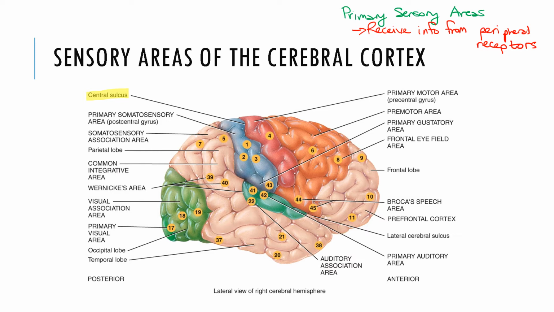The sensory association areas are often just adjacent to the primary areas, and they receive input from the primary and other brain regions. Sensory association areas are going to integrate sensory experiences to generate meaningful patterns of recognition and awareness.